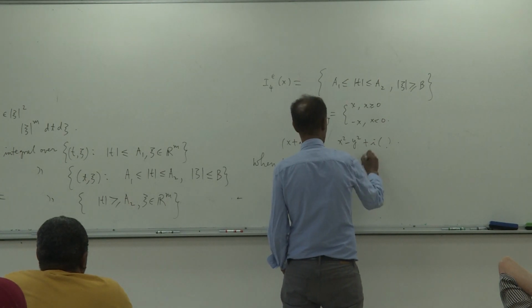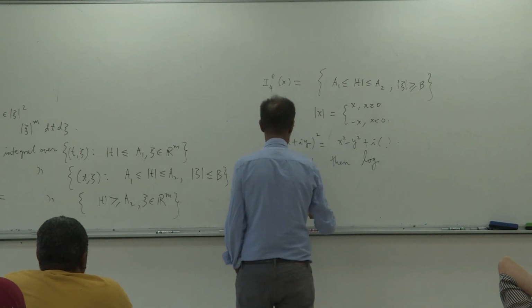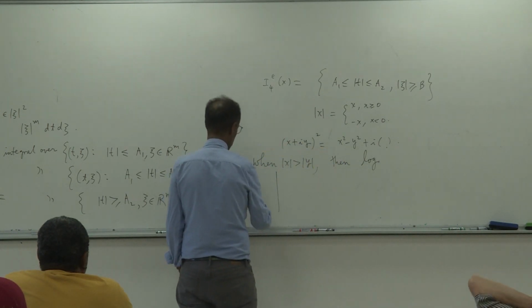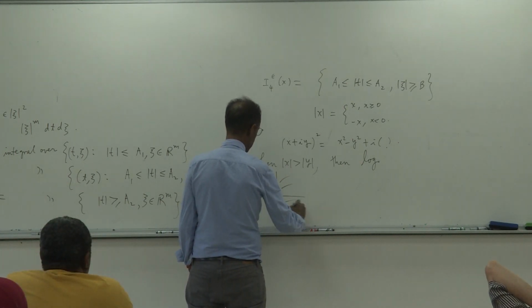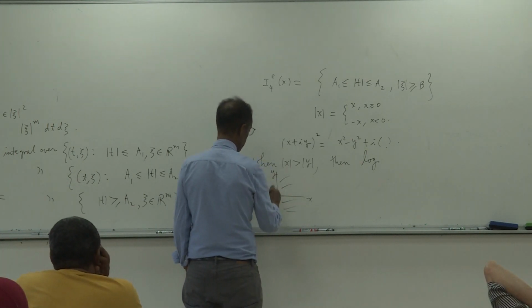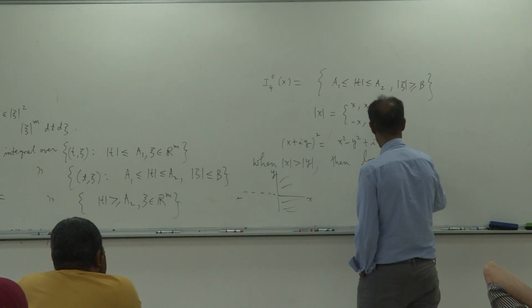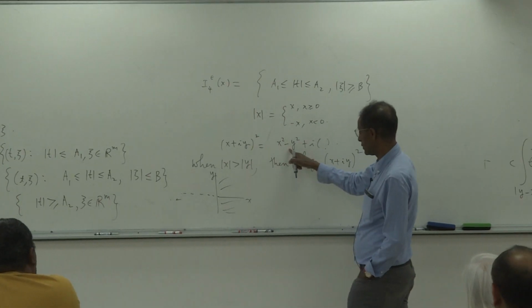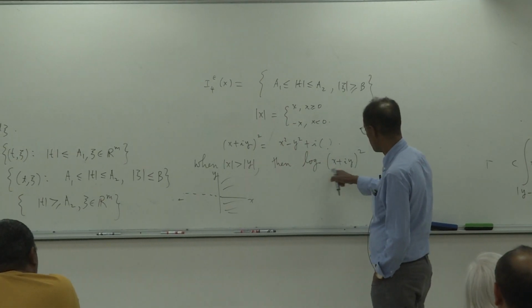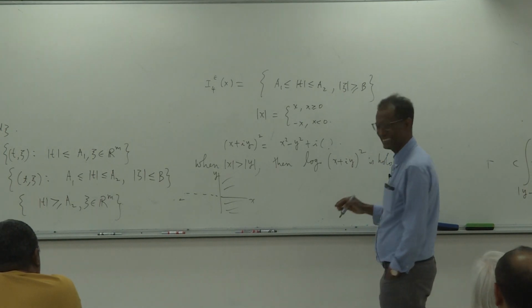Then I can take a holomorphic function log, an appropriate branch of log, namely a branch of log that is defined here, where the real part is positive. So log of x plus iy squared. See, when absolute x is bigger than this, then this is positive, and therefore log of this makes sense. This is holomorphic.